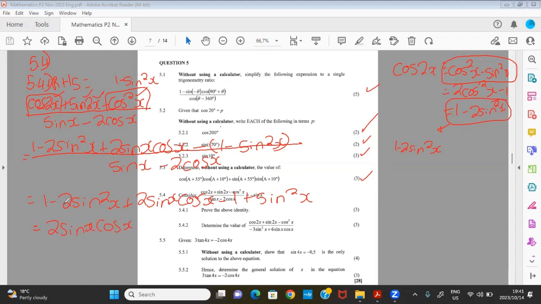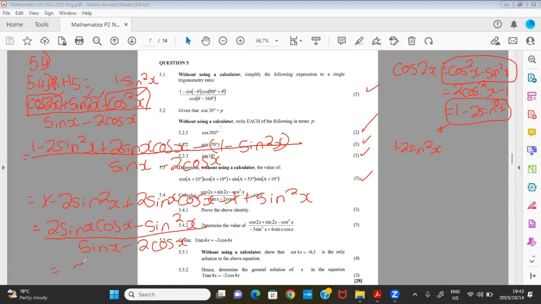Then I have minus 2 sin squared x plus sin squared x, that's just minus sin squared x. Then 1 minus 1 cancel out. So I'm left with 2 sin x cos x minus sin squared x over sin x minus 2 cos x. Do I have like terms on my numerator? I have a sin x as a like term.